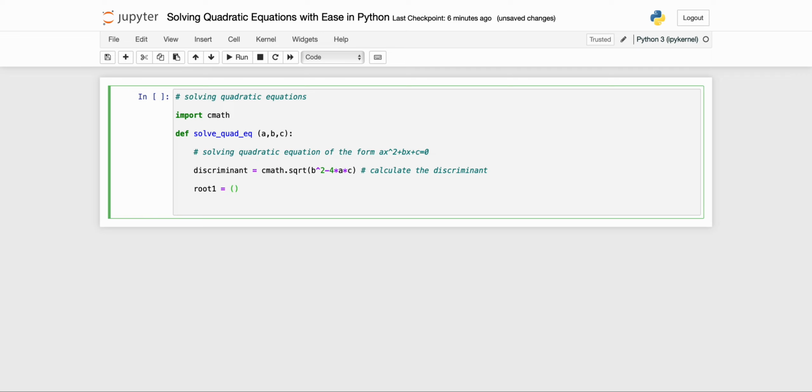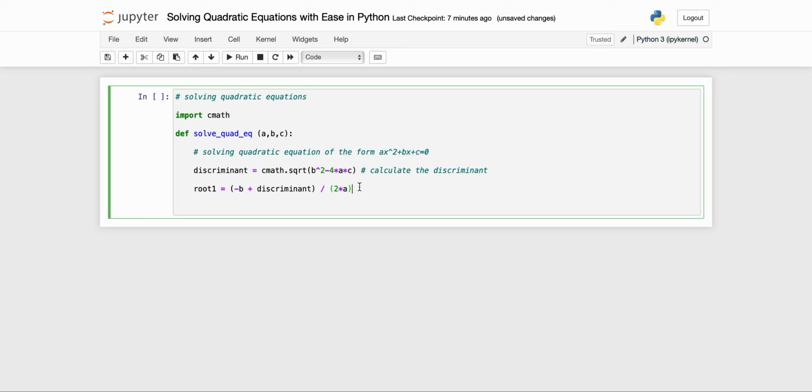We've already taken care of the discriminant, so we just take negative b plus the square root of the discriminant, divided by 2 times a.